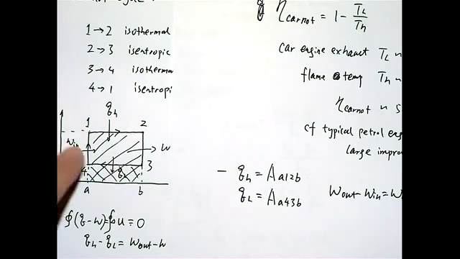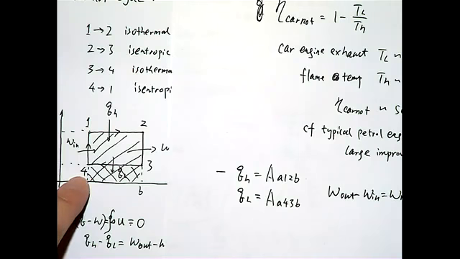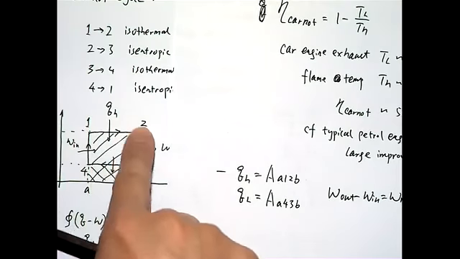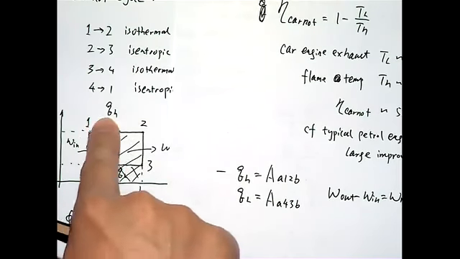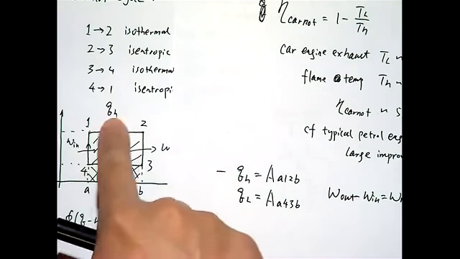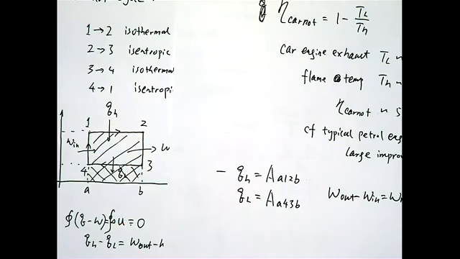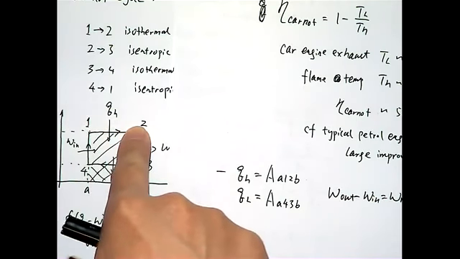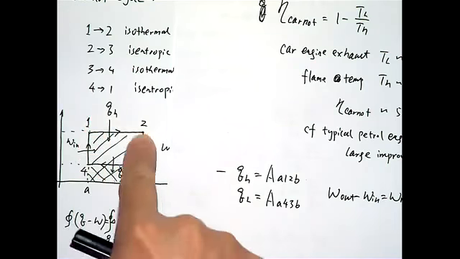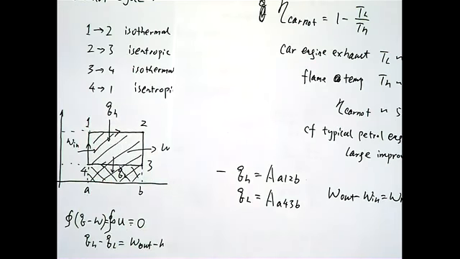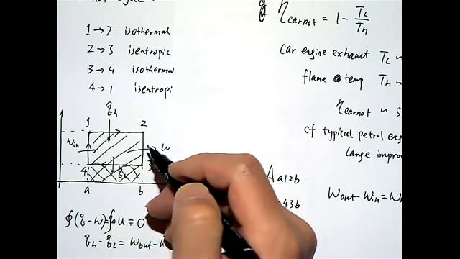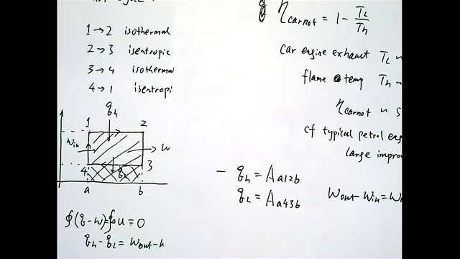If you look at the TS diagram, you can quickly have an idea of whether the cycle is efficient or not, because the area enclosed by the 4 steps corresponds to the net work, and the entire area below the high temperature line corresponds to the total heat input for the cycle.